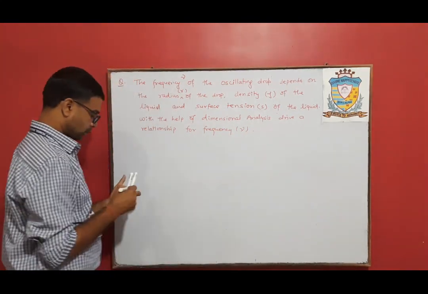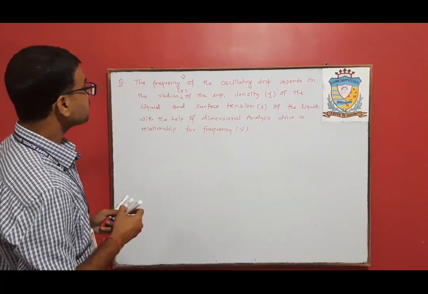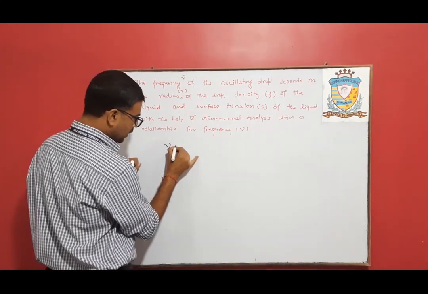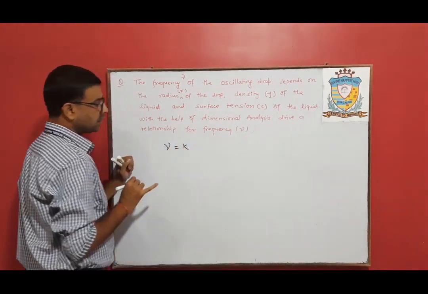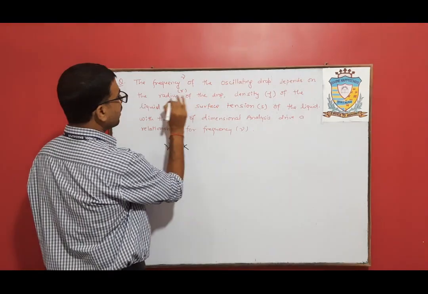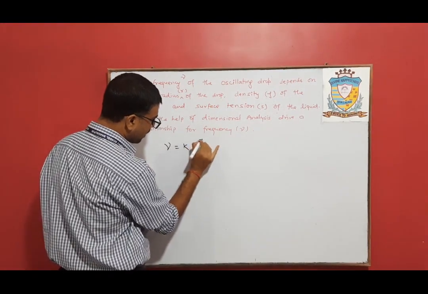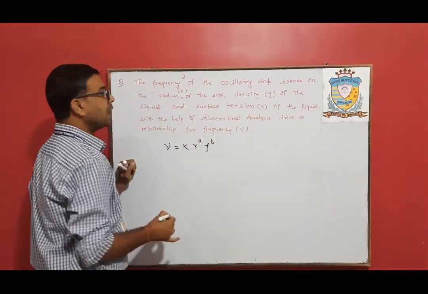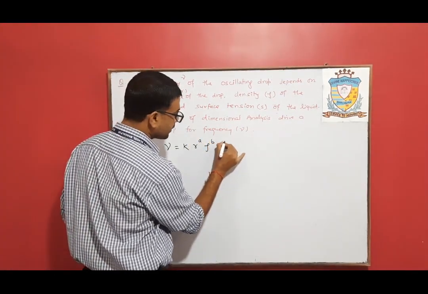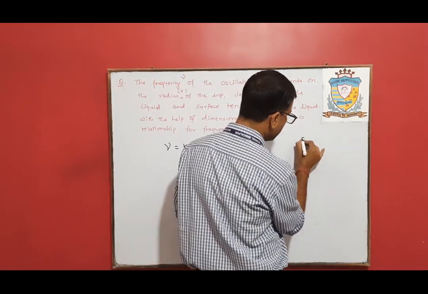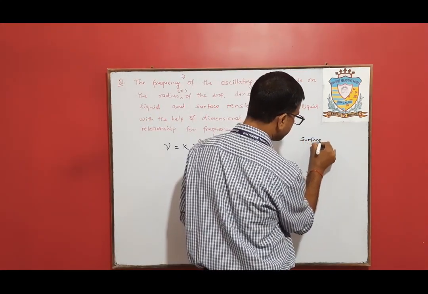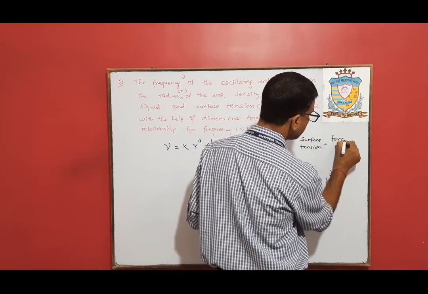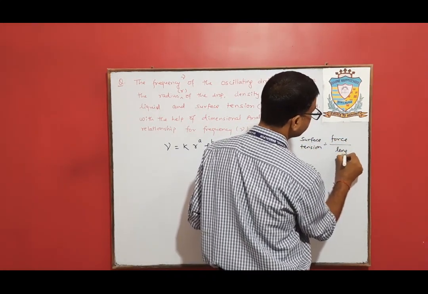So here this frequency nu can be written as K, the proportionality constant, radius R raised to the power a, density rho raised to the power b, and surface tension S raised to the power c. Surface tension can be written as force upon length.